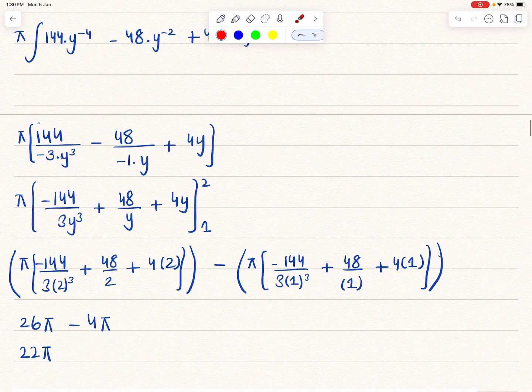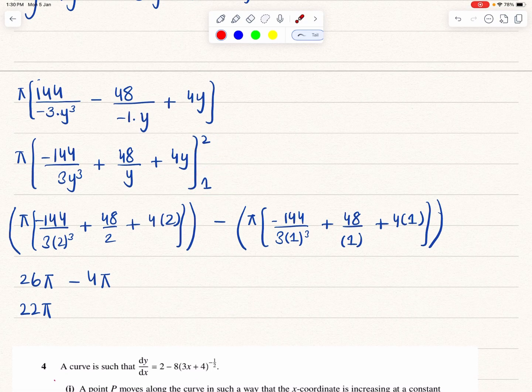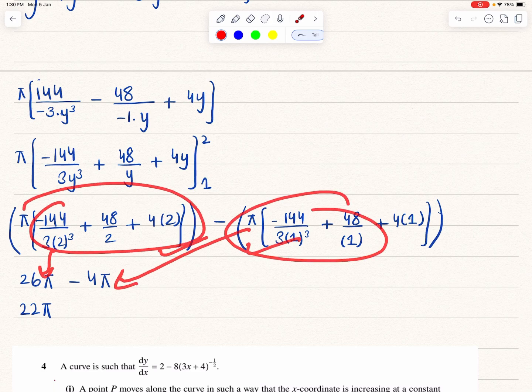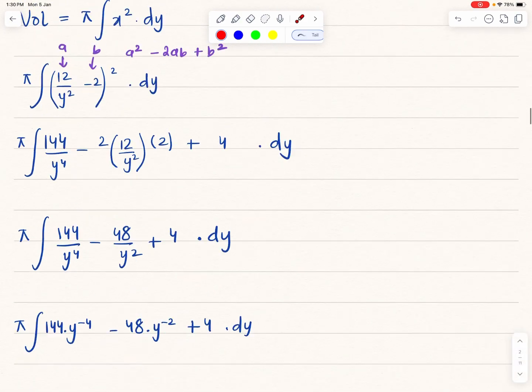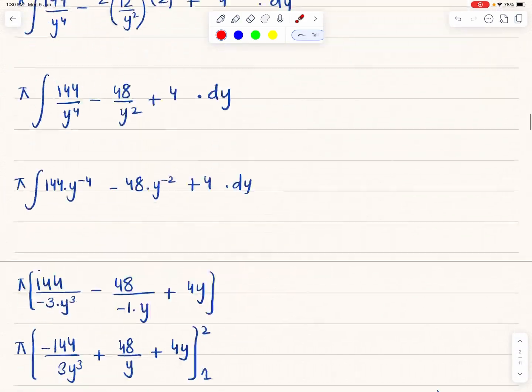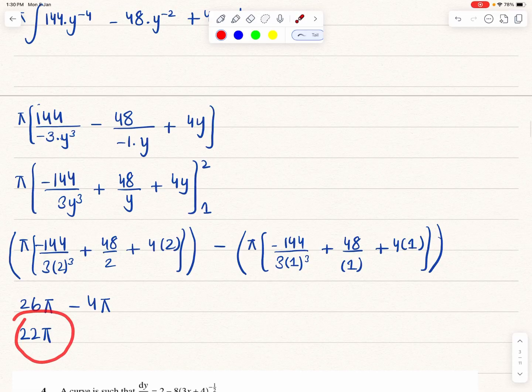Anyways, I know that the limits in this case are 2 and 1, so first I put in 2 and then I put in the second limit, that was 1, and I subtracted both the expressions. This gives us 26 pi, this gives us 4 pi, and the final answer then comes out to be 22 pi. You can also write this down in decimal, but I preferred to give the exact answer.